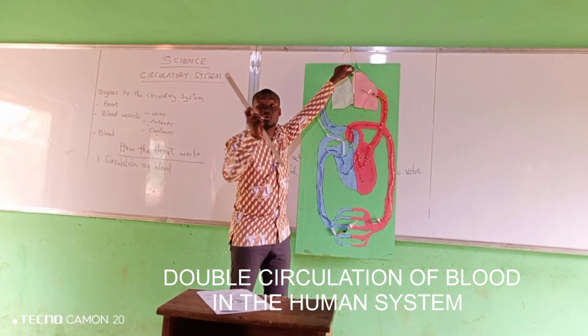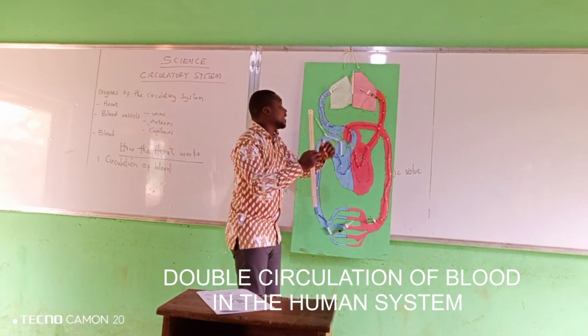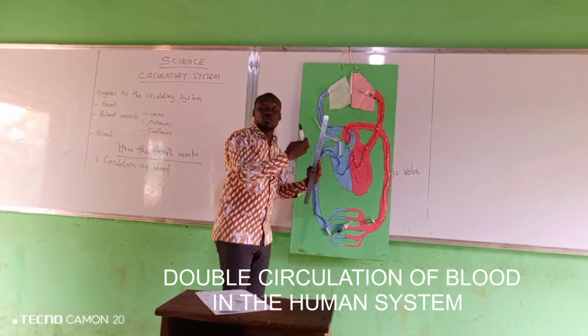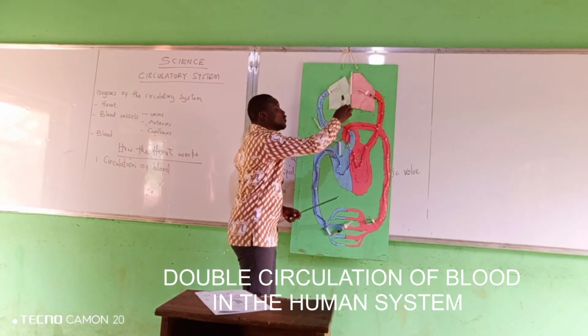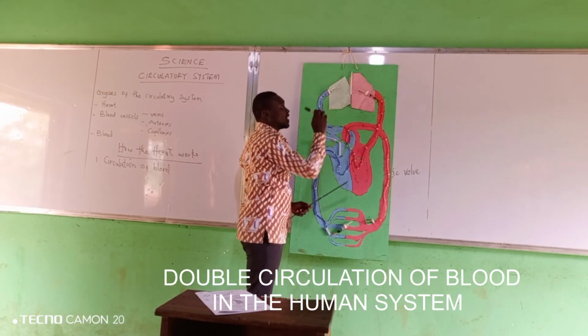The esophagus is for the digestive system. Do you remember that one from Form One? So you are breathing in, breathing out. Respiration is taking place. You are taking in air, oxygen, into your lungs.